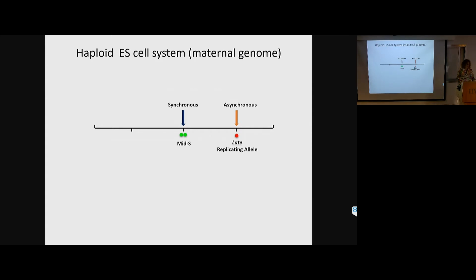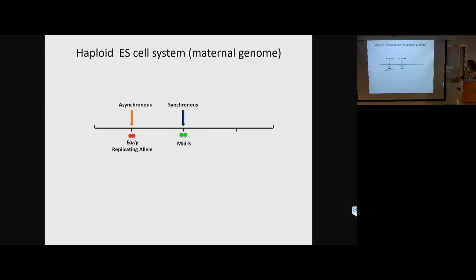So this is a haploid ES cell, and in the middle we found a locus that replicates roughly synchronously, around the middle of the cell. Then we have this asynchronous region. So if we get this kind of picture, that we have double dot for our control and single dot for our test, we say that it's late replicating because it still has not replicated, although the control replicated.